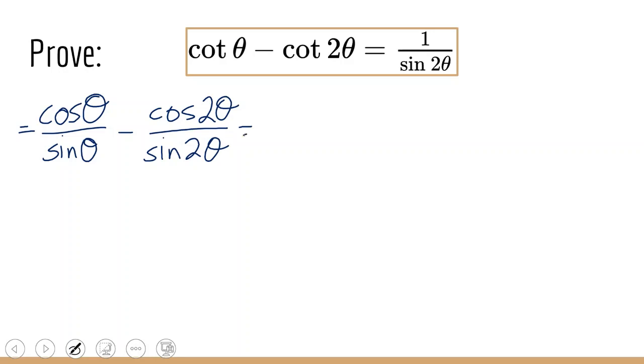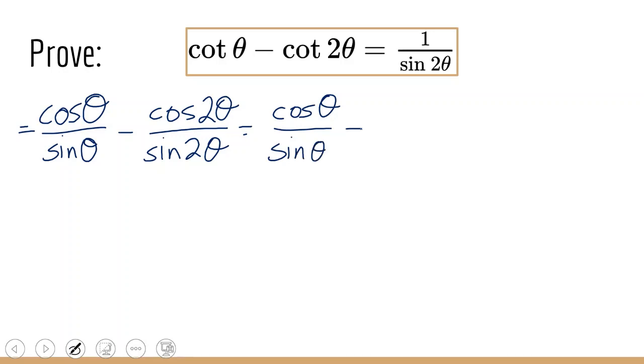Now, let's try and find all these values in terms of the same theta, because having 2 theta and a single theta here is preventing us from combining things. So I'm going to leave the first term as is.